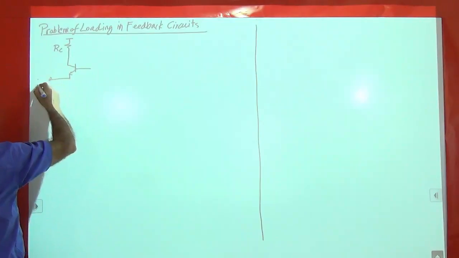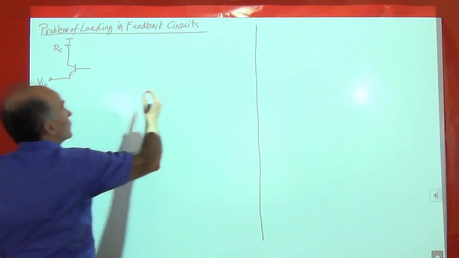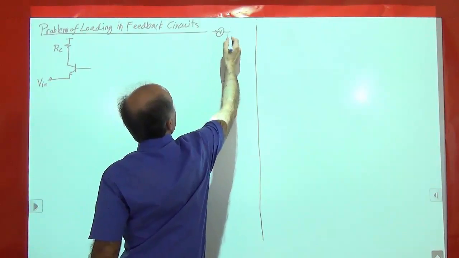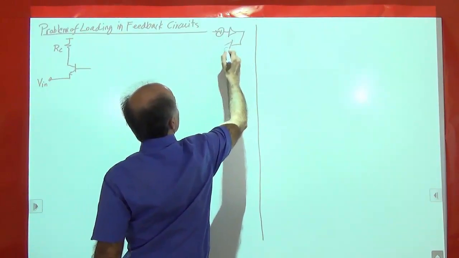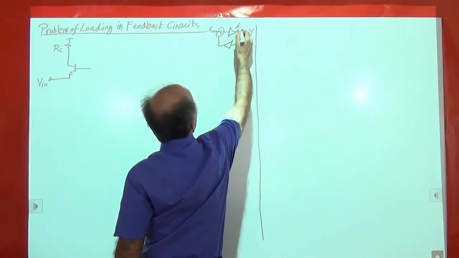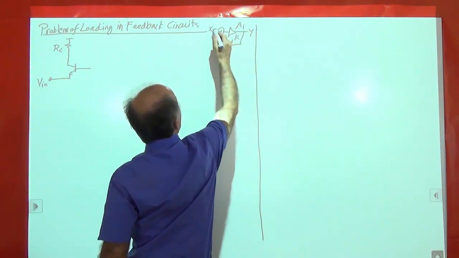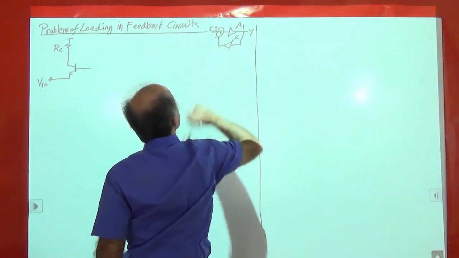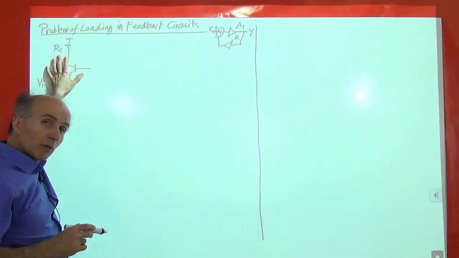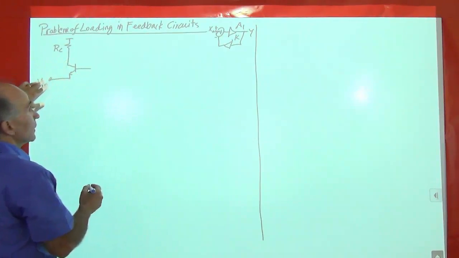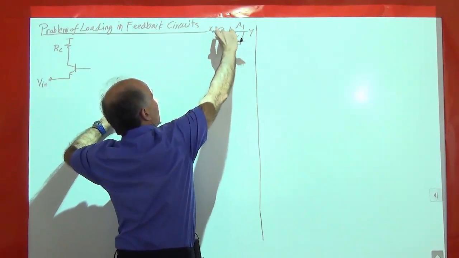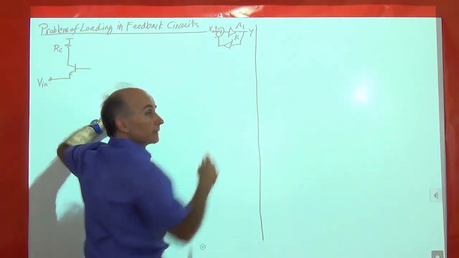RC, V in. So we are here. This is our standard feedback system. X, Y, A1, K, positive, negative, right? And then we wanted to build a voltage feedback system. So we identified this whole thing as a circuit that has two inputs and one output.